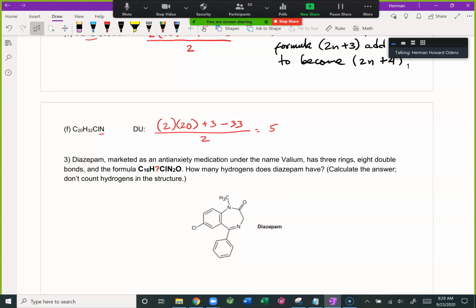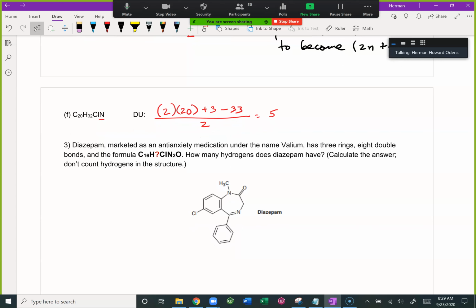I think most of you have heard of this drug. It has 3 rings, 8 double bonds, and the formula C16, the H's we don't know, Cl, N2, and O. How many hydrogens does diazepam have? So the hint is calculate the answer without counting the hydrogens in the structure. All right, we can do that as a check.